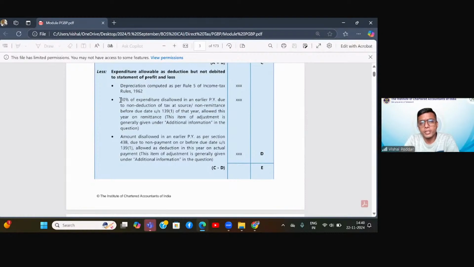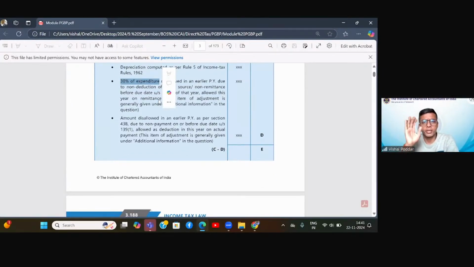Then, interestingly, this 30% which was disallowed above, now this 30% will be allowed in that future year in which you go and deposit the TDS. So whenever you comply with the conditions of 40 clause A, it will be allowed as deduction in that year. So the same amount which was disallowed 2 years back will get allowed in the current year because you have paid the amount in the current year.